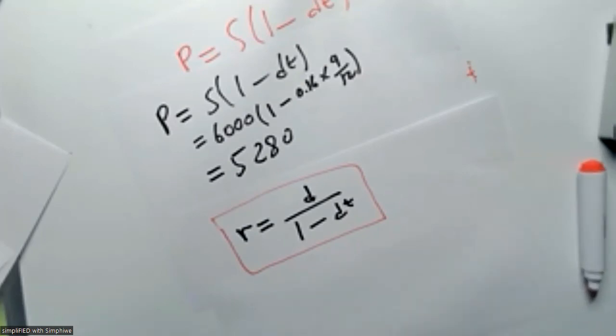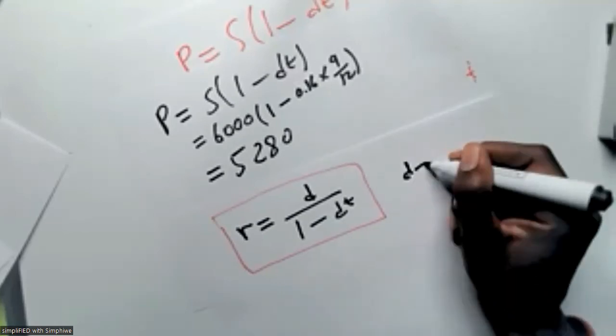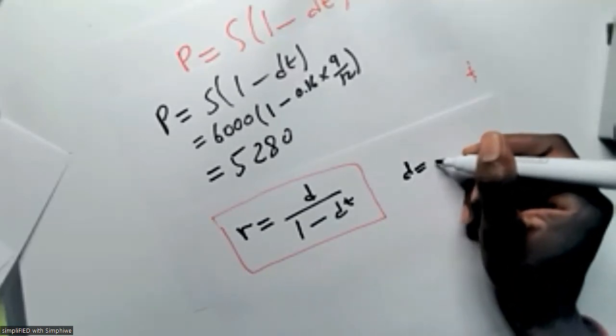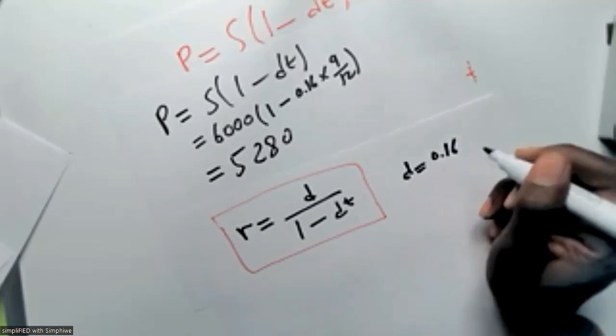So now, applying the second question, we already know the value of our discount rate. Our discount rate was said to be 16%. So D is equal to 0.16.